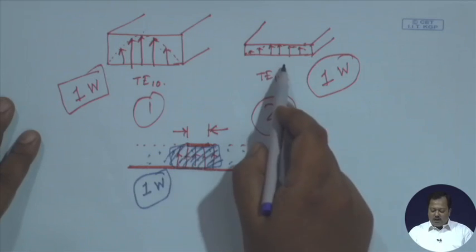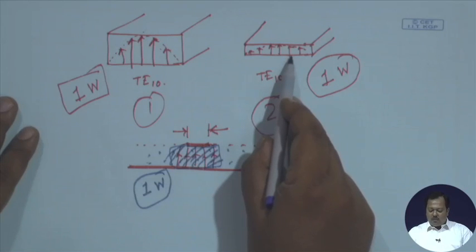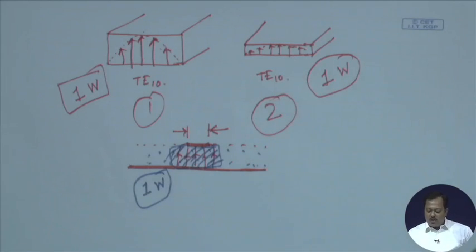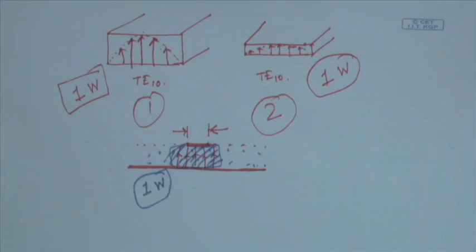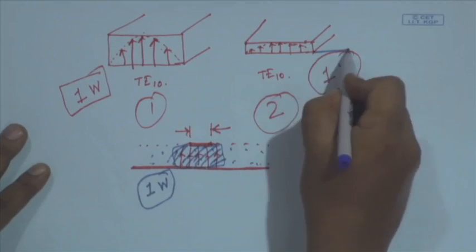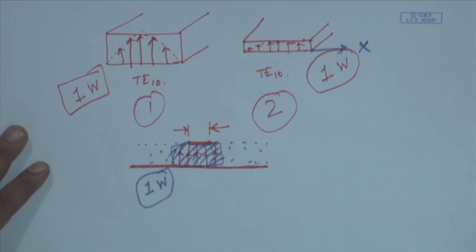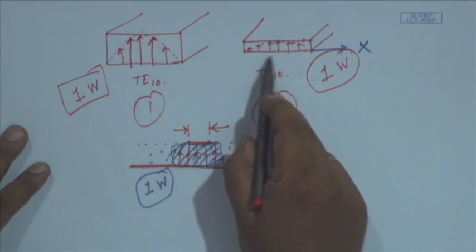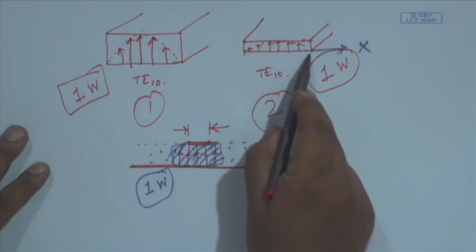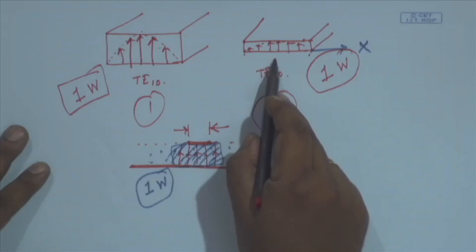If I design this rectangular waveguide at millimeter wave frequencies, you know that the dimension along x depends on wavelength. For TE10 mode at cutoff frequency, this width is approximately lambda naught by 2.